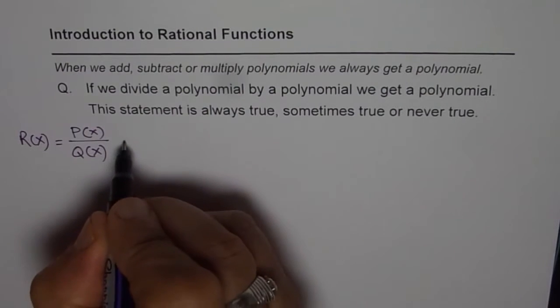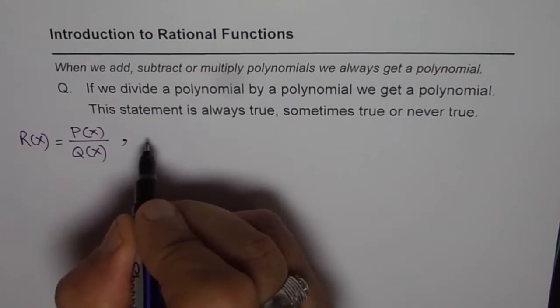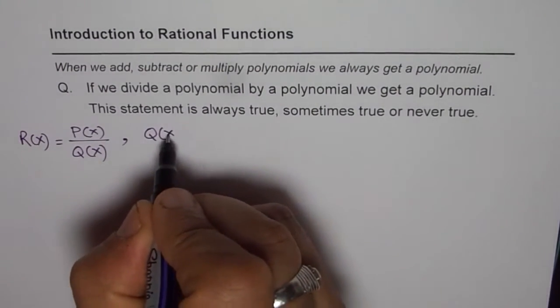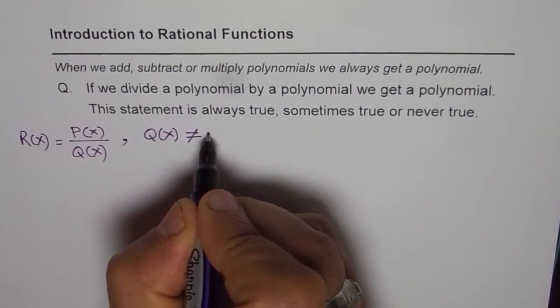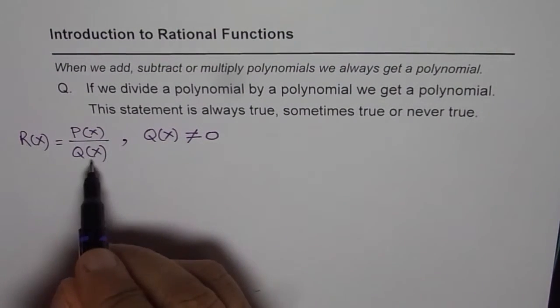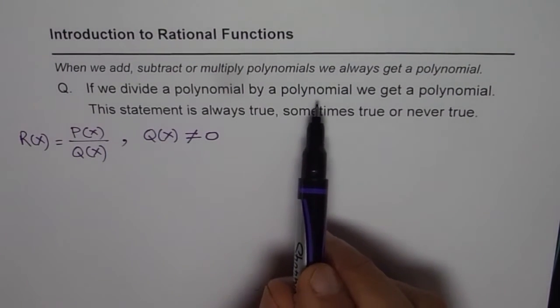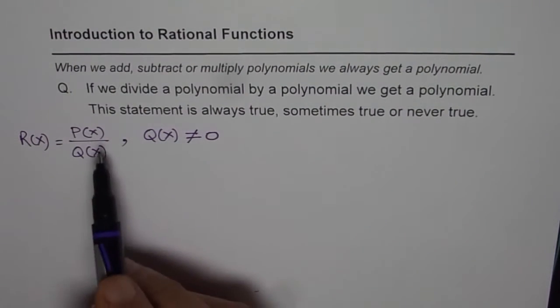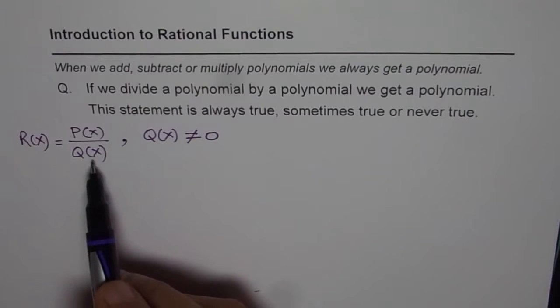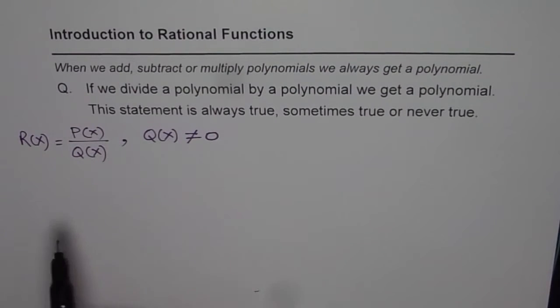So here we have a restriction that q of x should not be equal to 0, since we cannot divide by 0. So we can always divide a polynomial by another polynomial, but definitely with some restrictions, and that is that the denominator cannot have zeros.